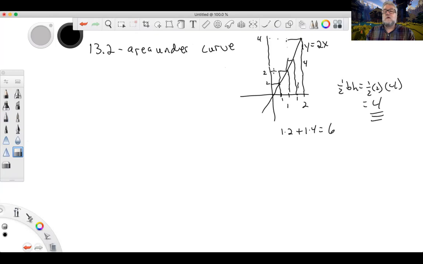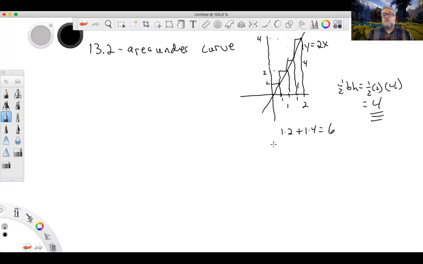Okay, so now I've increased the number of rectangles that I'm using to estimate the area underneath this function, which I call loosely a curve.